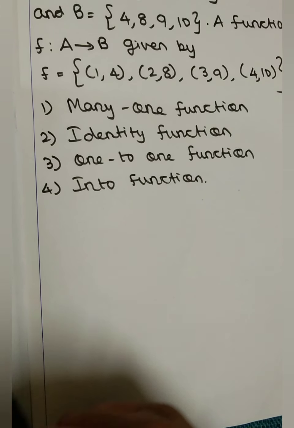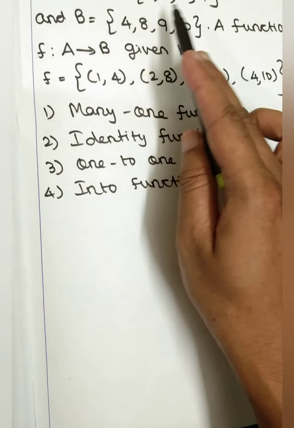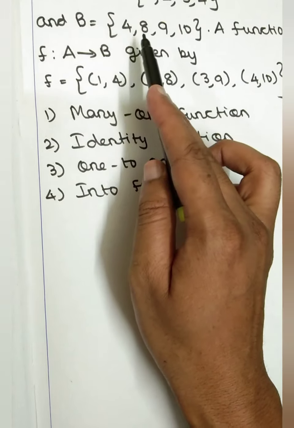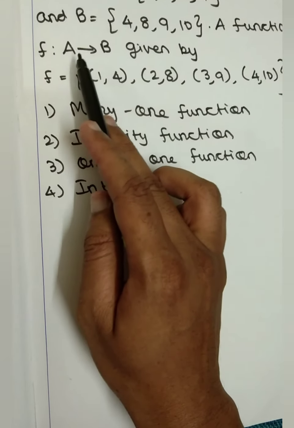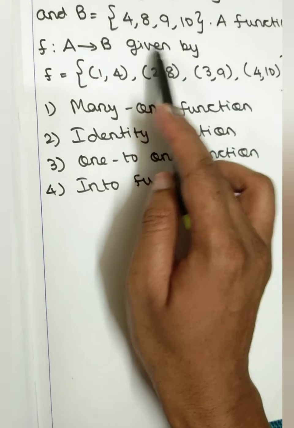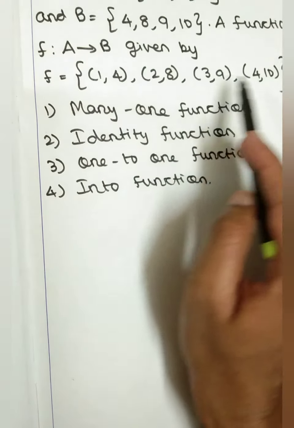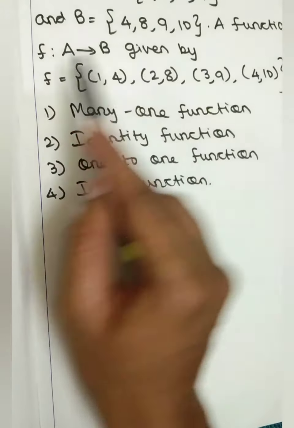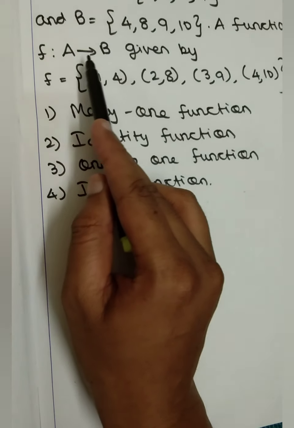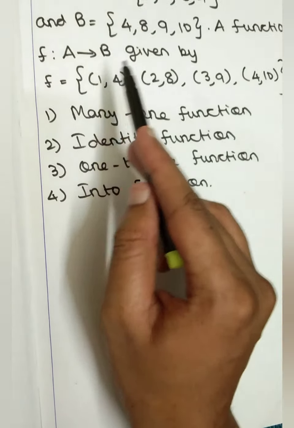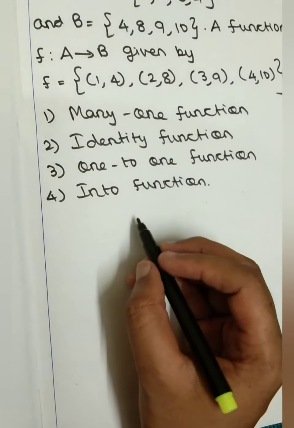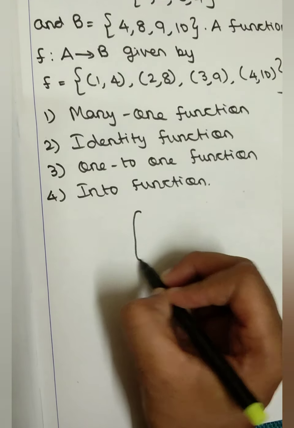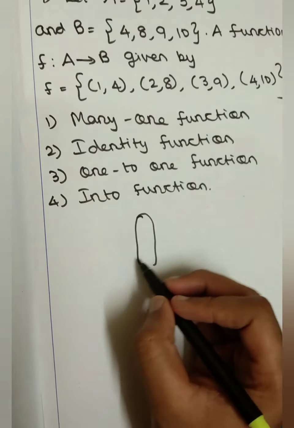Ninth question. Let A equal to {1, 2, 3, 4} and B equal to {4, 8, 9, 10}. A function f maps from A to B given that the set of ordered pairs are given. Now I am going to explain this sum by using the help of the arrow diagram.